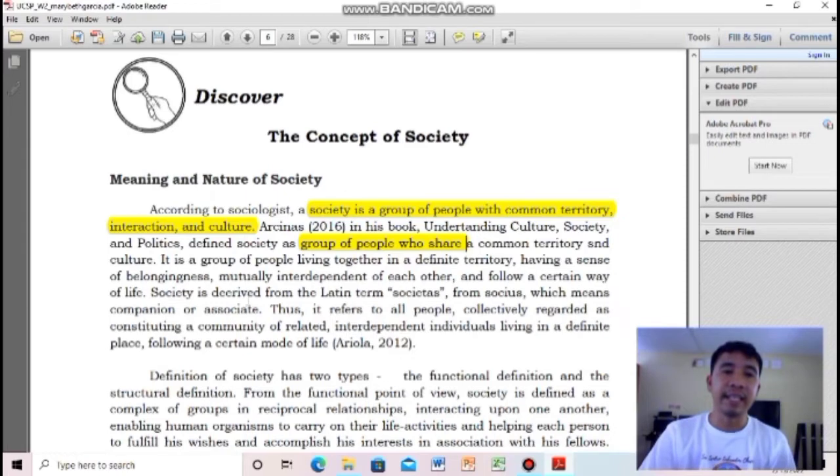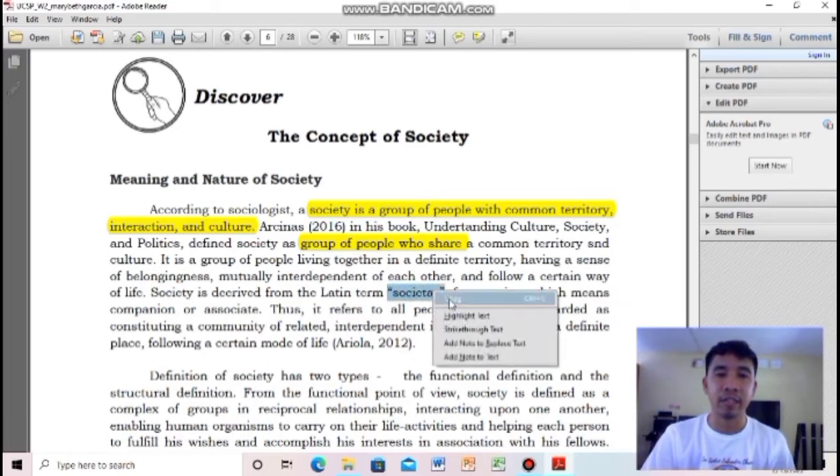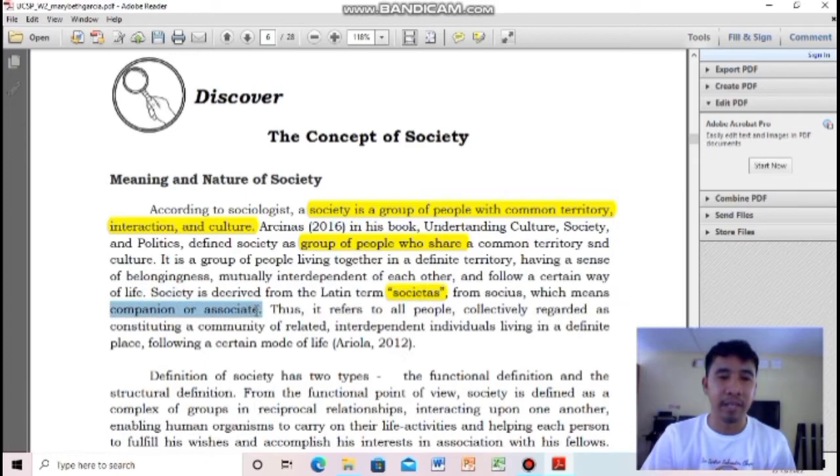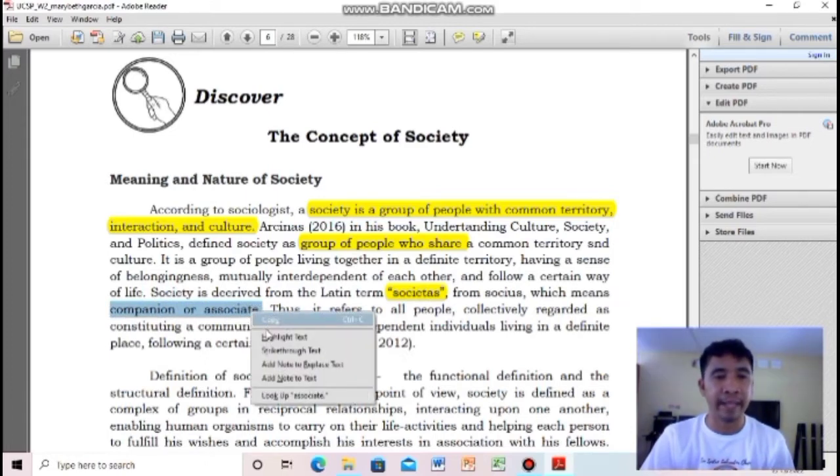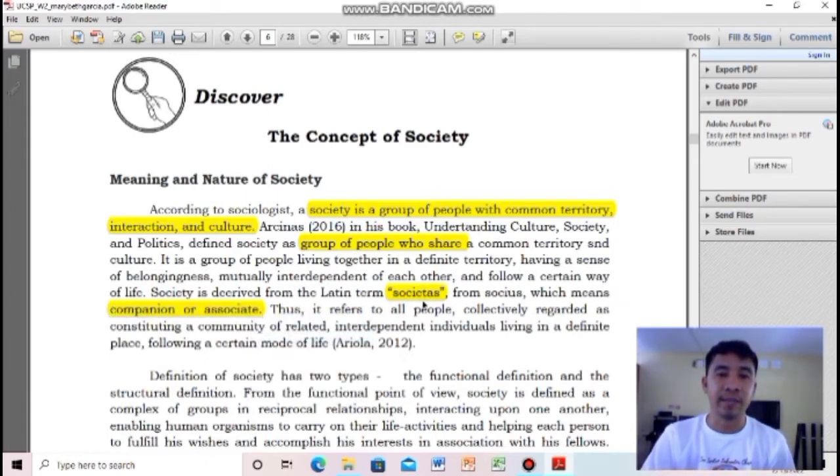Okay. Society is derived from the Latin term societas, no? Halin sa Latin nga word nga societas nga buot silingon sa societas from the word socios, which means companion or associate. Buot silingon kaupod or updanay. From the word societas nga naghalin sa root word nga socios nga buot silingon companion kuno or associate.